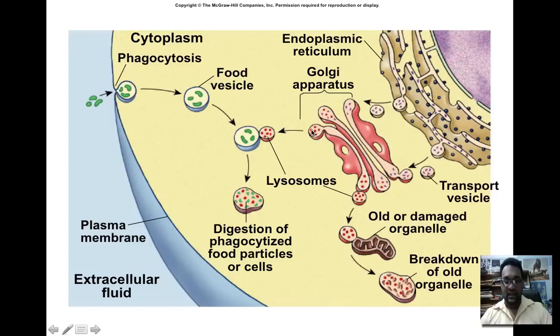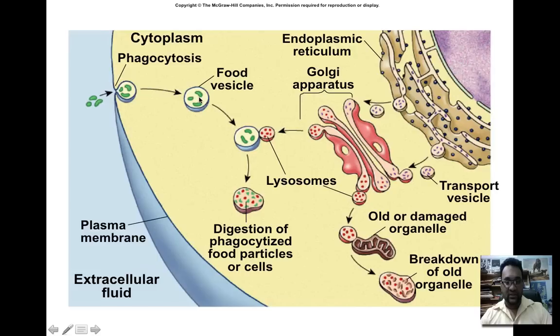And basically, on the trans side, there'll be vesicles budding off, that'll be lysosomes. Now, this lysosome here will be a primary lysosome. And then it will fuse with a vesicle, forming a secondary lysosome. And this is during phagocytosis. So the cell engulfs some material from the outside.